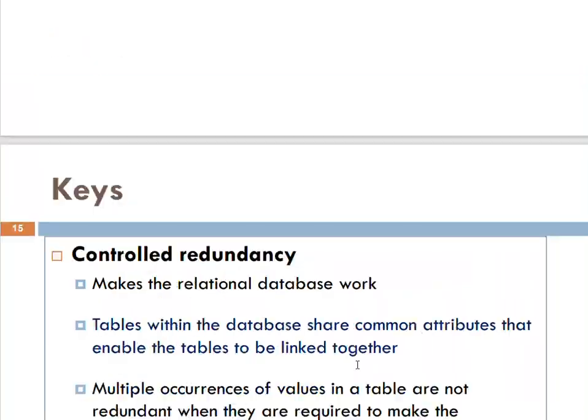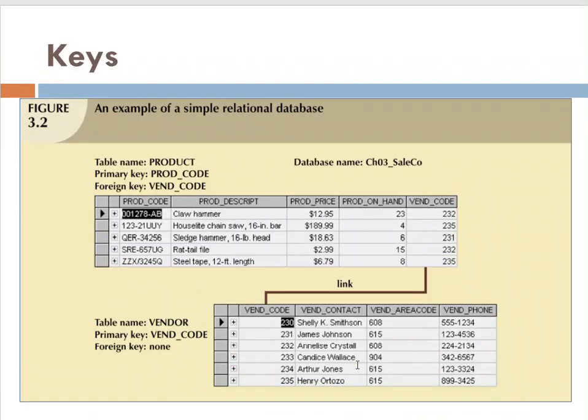Okay, contoh di sini, vendor code wujud dalam table product dan juga wujud dalam table vendor. Okay, ada dua table yang mana vendor code ni attribute yang sama wujud. Tetapi ini bukan redundancy kerana ia diperlukan untuk link, untuk create relationship antara produk dengan vendor. Okay, contohnya saya nak tahu apa produk yang supplied by vendor 232.